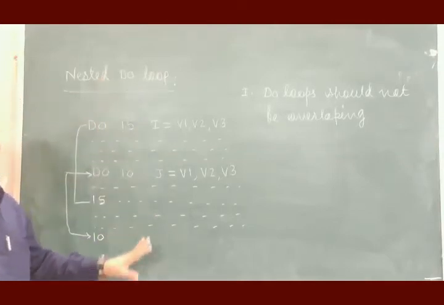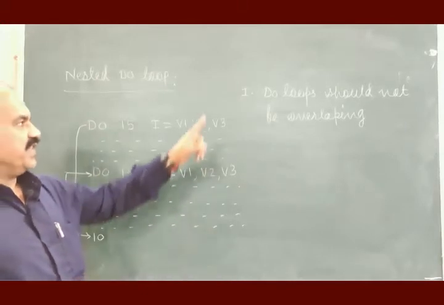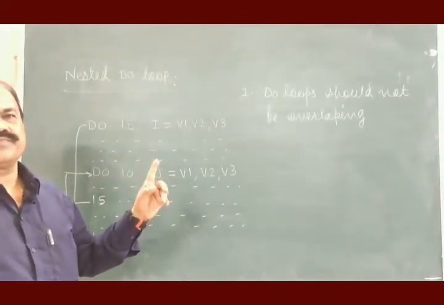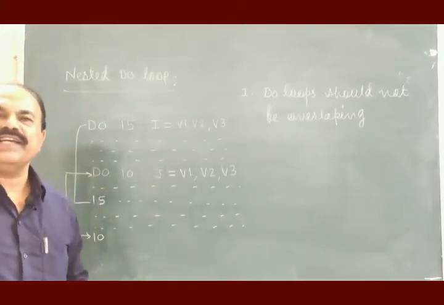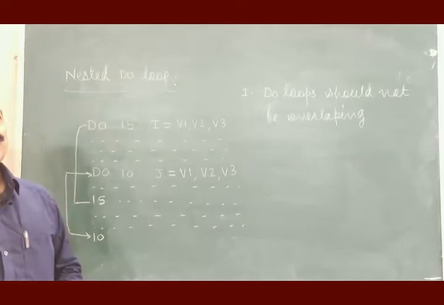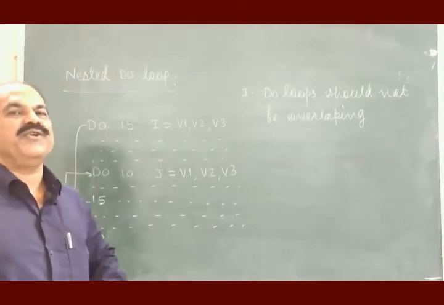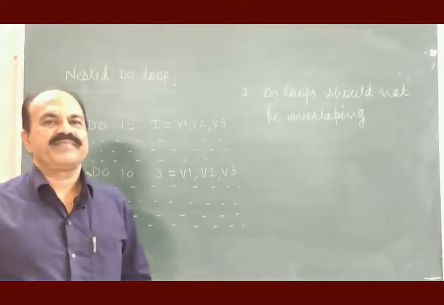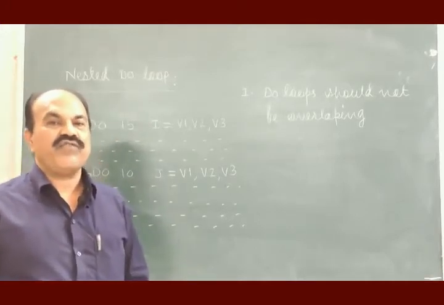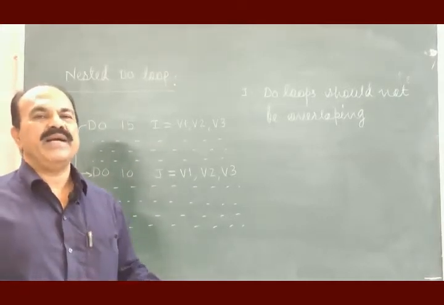Such overlapping of do loops is not allowed. This is the first rule. Do loops should not be overlapping in nested do loops. If do loops are overlapping in nested do loops, this structure will not work and the tasks for which this structure is constructed will not be completed.